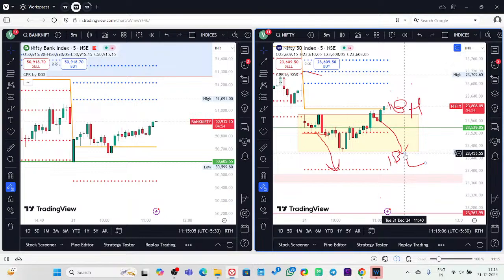So it has closed above the previous day low. We have to exit at this moment.